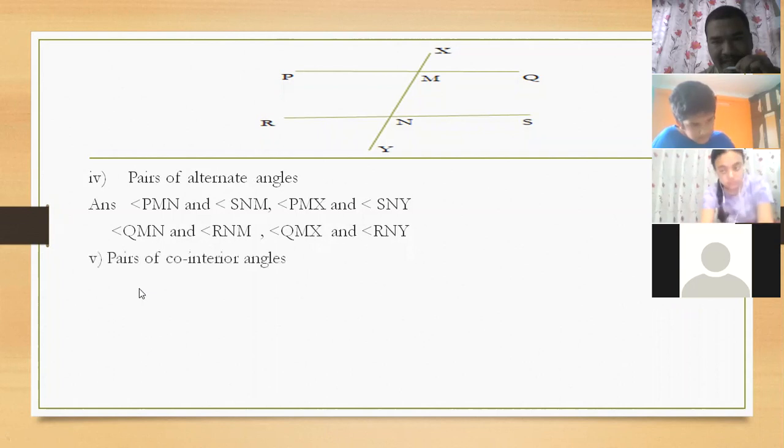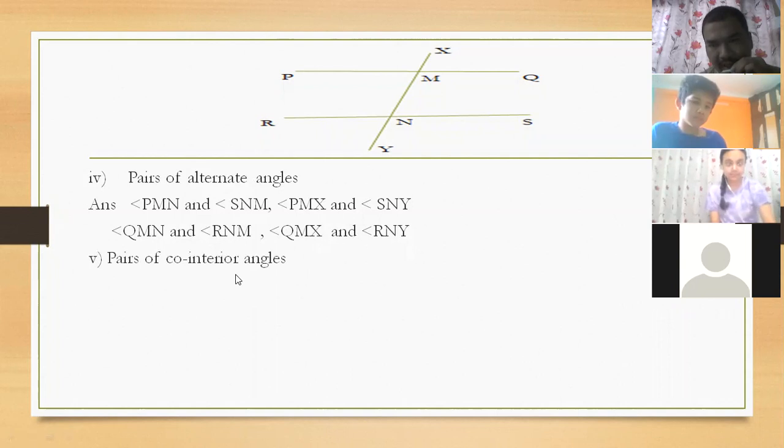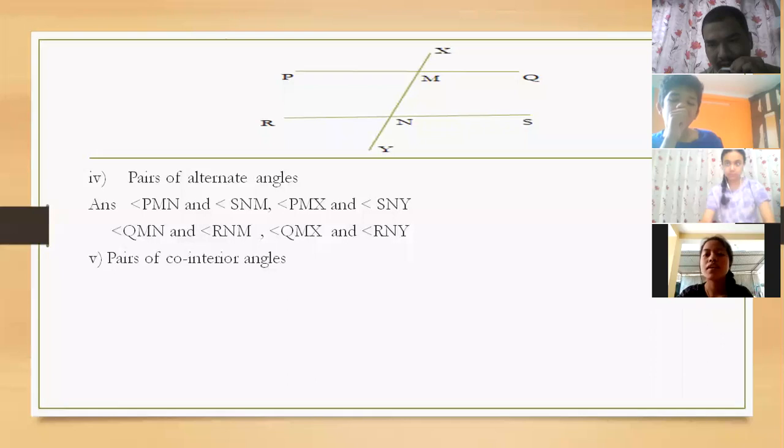The next question is asking for pairs of co-interior angles. As I explained in the previous class also, there are two pairs of co-interior angles. Isn't it, Sarita? Yes, sir.